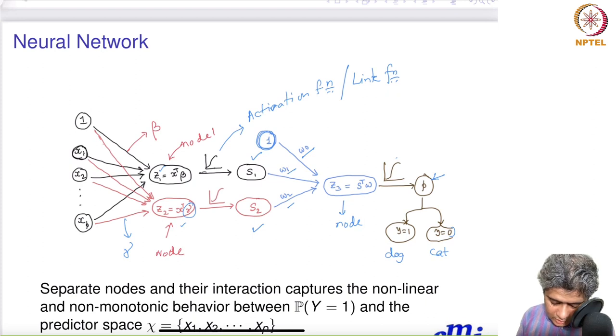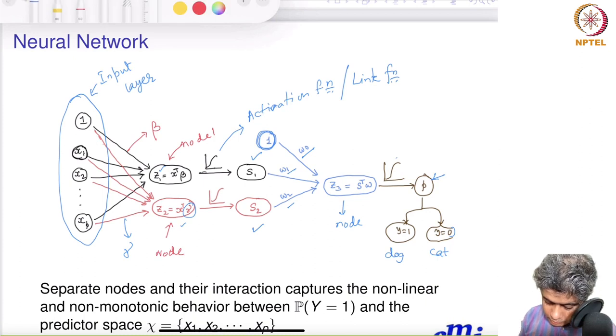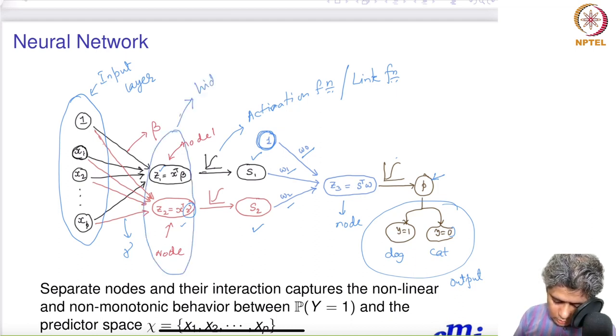This is typically called the input layer, and this is typically called the output layer, and this is hidden layer 1, and this is typically hidden layer 2.